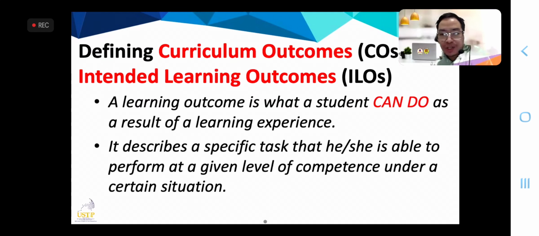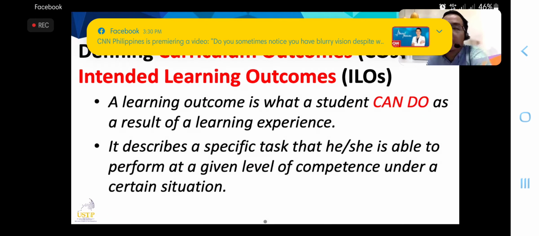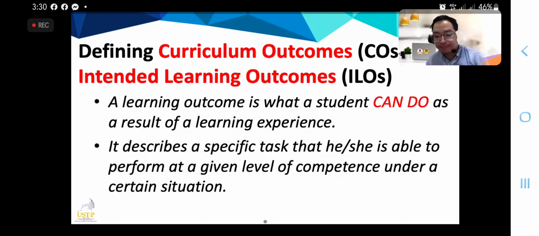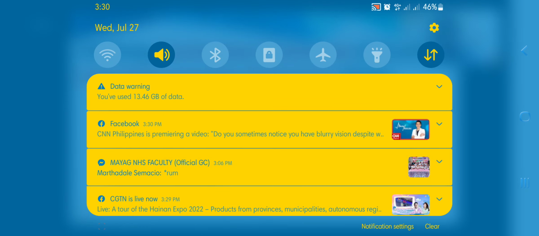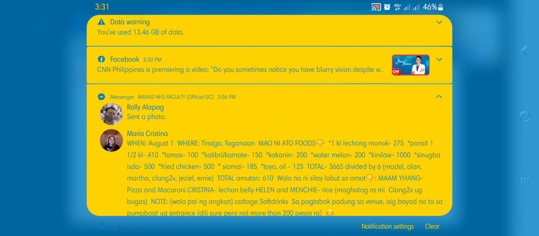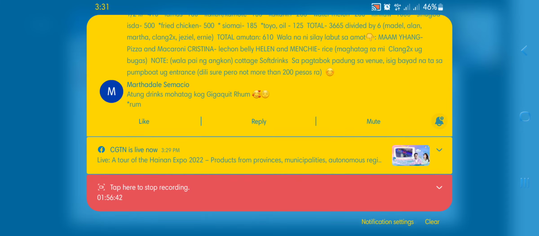So when we say curriculum outcome, this is most often called course outcome. While the intended learning outcomes, in the old times we called these our learning objectives.